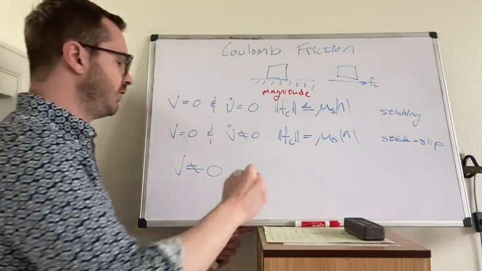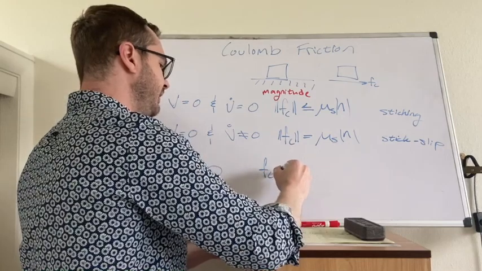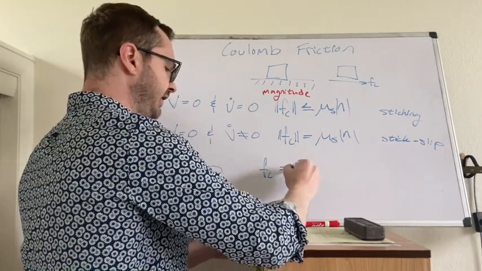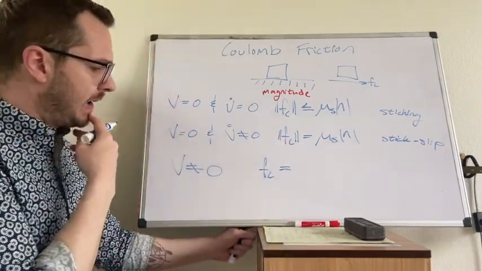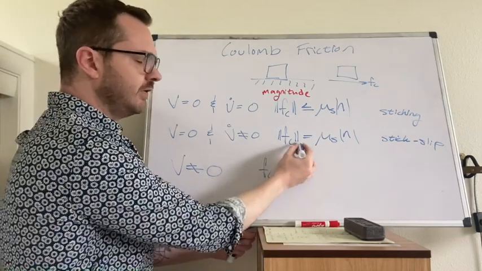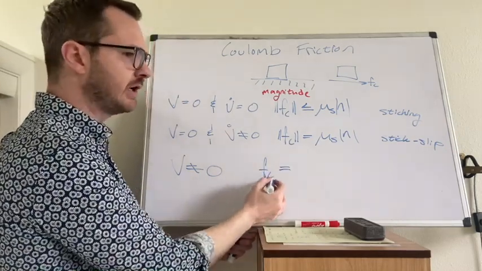At this point, you have Coulomb friction, you have Fc, and it's equal to, I'm going to write it this way. I'm not going to use the double bars, which means I'm not talking about magnitude.